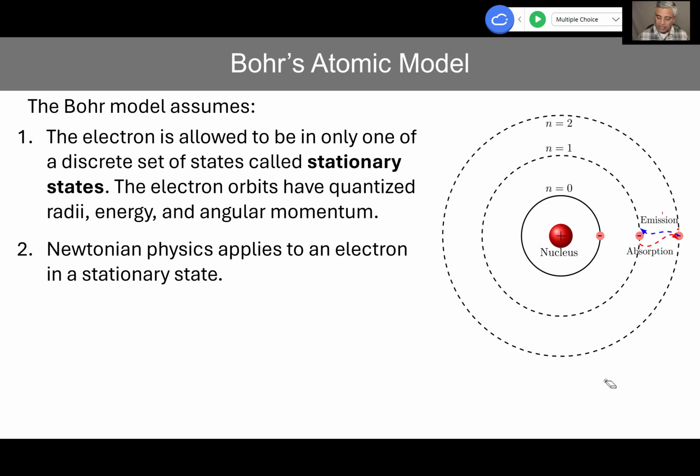That means one electron can be in one stationary state, or another stationary state, or yet another stationary state. All these are for the same electron according to Bohr's atomic model. So they can be at different energy levels. Most of the time they spend in what we call the ground state, closest to the nucleus, the positive charge.